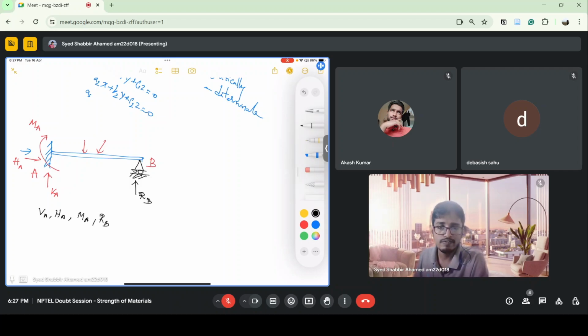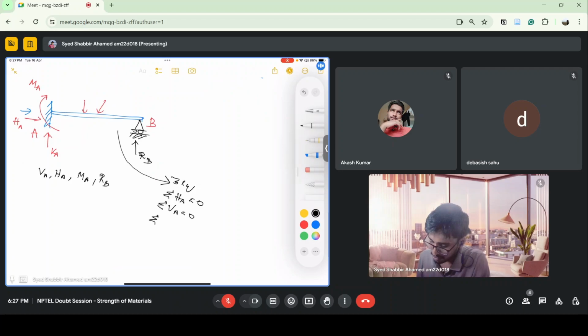But we do not have four equilibrium equations. For this 2D structure, we have only three equilibrium equations: sigma Fx equals 0, sigma Fy equals 0. The sum of horizontal forces should be equal to 0, the sum of vertical forces should be equal to 0, and the sum of all the moments should be equal to 0.